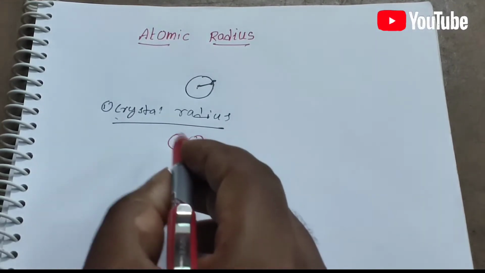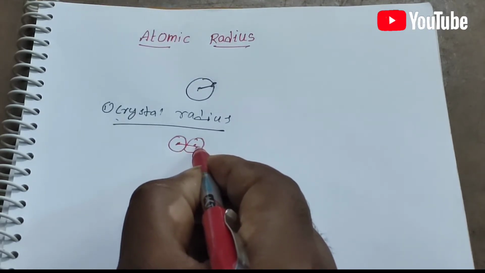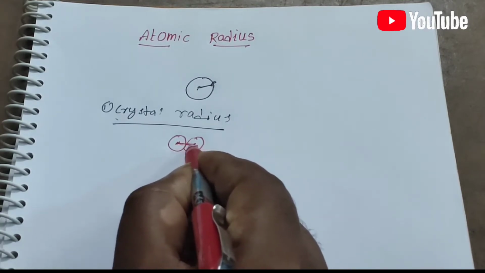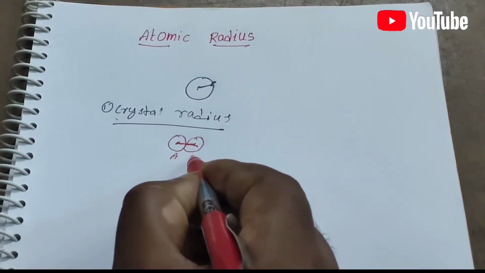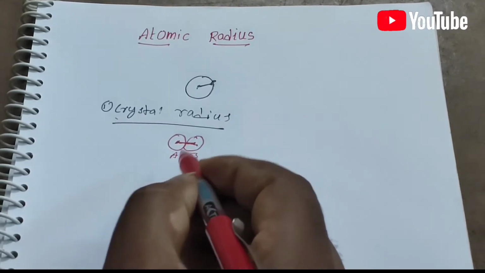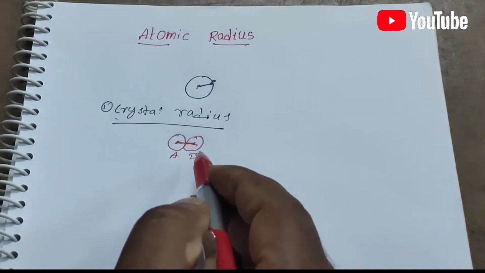Half of the internuclear distance between the adjacent atoms of a solid, in metallic crystals, is called the crystal radius or the metallic radius.